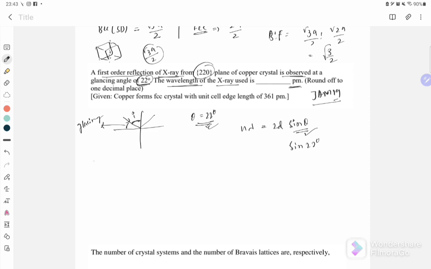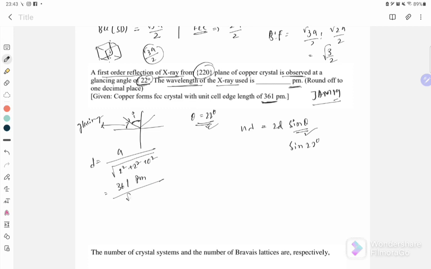And d is equal to a by root of h square plus k square plus l square. The edge length is 361, we can use pm also. So h square plus k square is 2 square plus 2 square, that is 8.